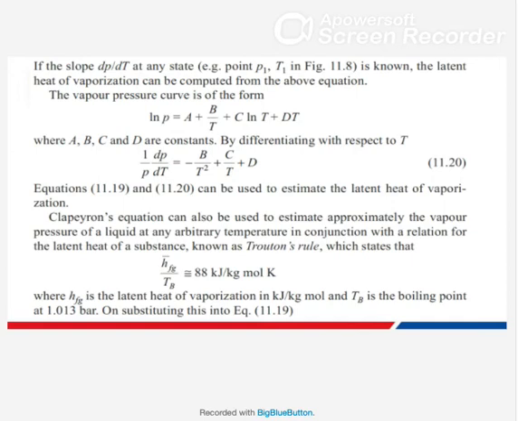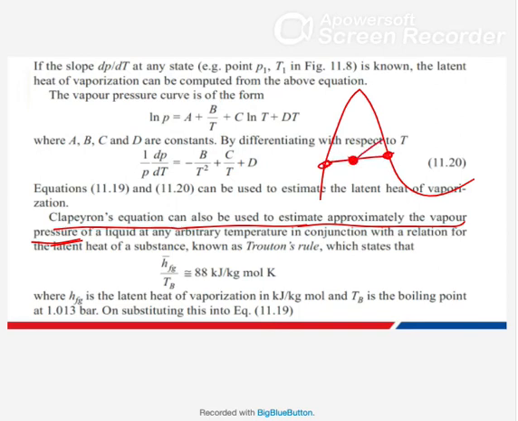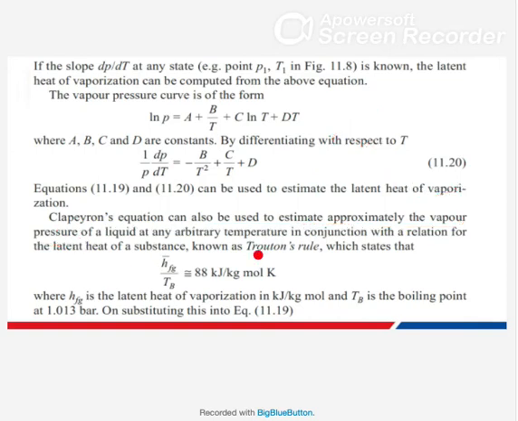Now, one more thing. The Clapeyron equation can also be used to estimate vapor pressure approximately. Till now we know how to calculate the latent heat of vaporization if you know the pressure and temperature. Now, if you know the latent heat and you know the temperature but you don't know the pressure, you can calculate the vapor pressure with this rule.